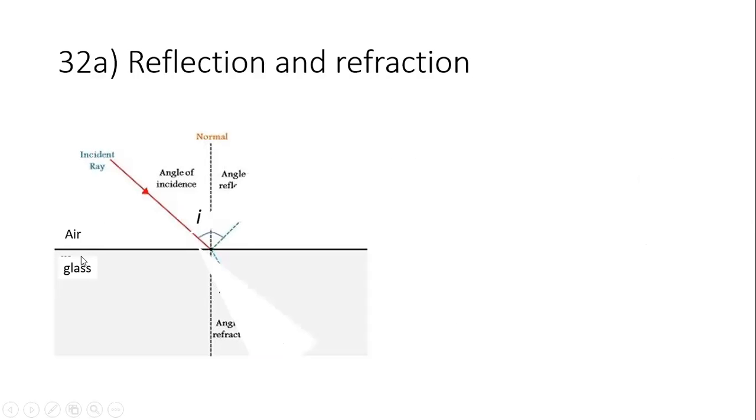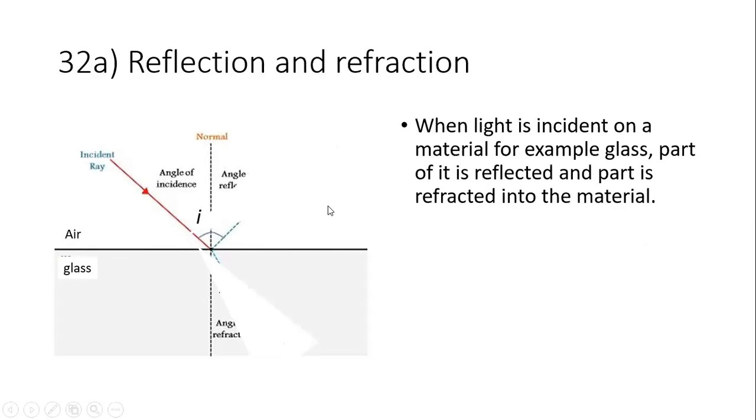Okay, this is your glass, this is your air, this is your air-glass boundary, this is your incident ray, that's your angle of incidence. When light is incident on a material, for example glass, part of it is reflected, and part of it is refracted into the material. Right? This is reflected. There's an angle of reflection, same as angle of incidence.